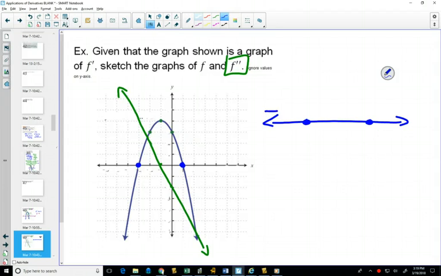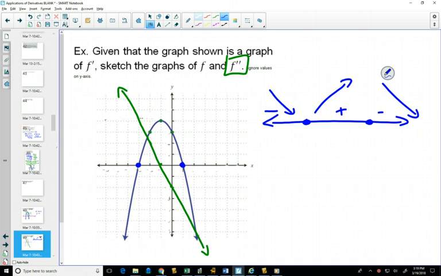So what does that tell me about my original function? It's decreasing. In between these 2 points, my derivative is positive. What does that tell me about my points? They're increasing. And after this one, my derivative is negative again, meaning that it's decreasing. So we know at the one point, we're going to have a local minimum. At the other point, we're going to have a local maximum.